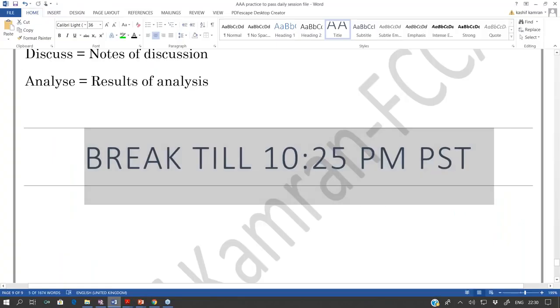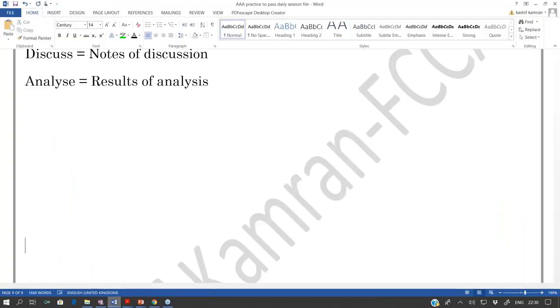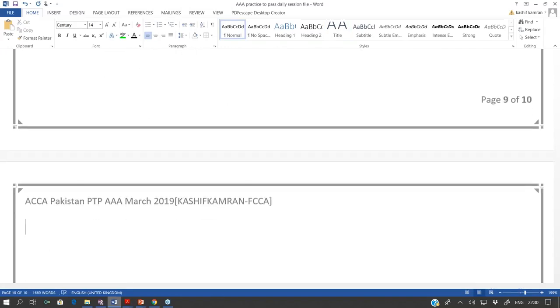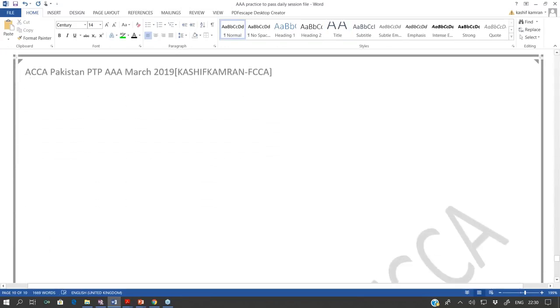I'll be coming back to the question and the Word file on a very regular basis now, and you have to keep a very strong concentration on the screen as I go about it. If you have any confusions on the marking scheme, that will become clear through this drafting.